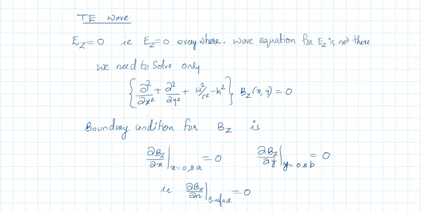Okay, when you try to solve a TM wave, then Bz is 0 everywhere. TM, transverse magnetic. So magnetic field is transverse only. So then you have Bz equal to 0 everywhere. Then there is no wave equation for Bz. You have only wave equation for Ez. So solve that for Ez. The boundary condition for Ez will be Ez at surface is 0.